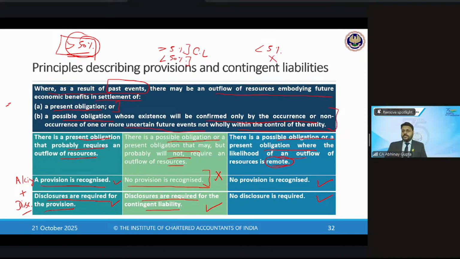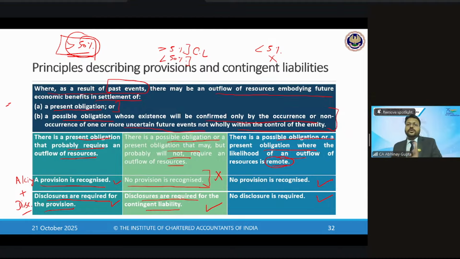So in the examination, if any such question comes in, will you be supporting your answer by giving these limits? More than 50%, less than 50%, more than 5%? No. What you will be doing? You should only be using the words. The words are probable. Words are not probable.